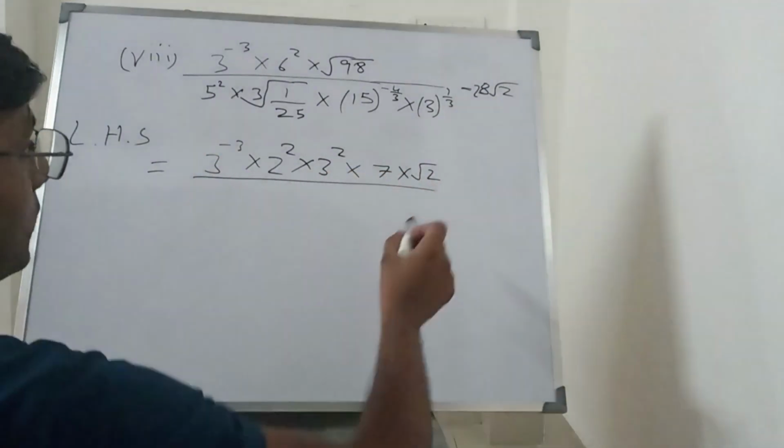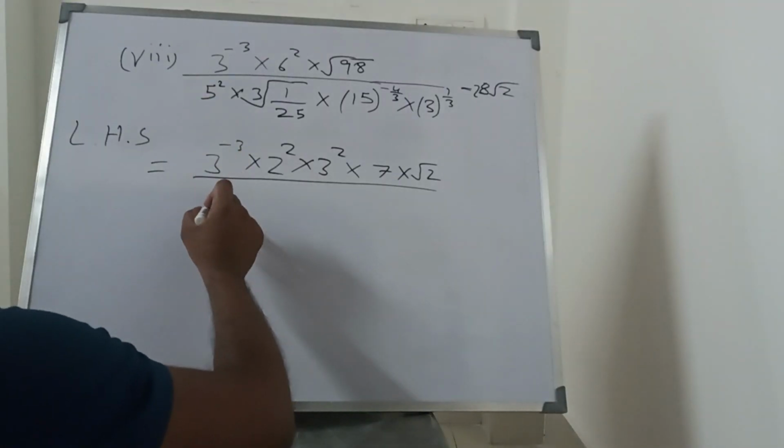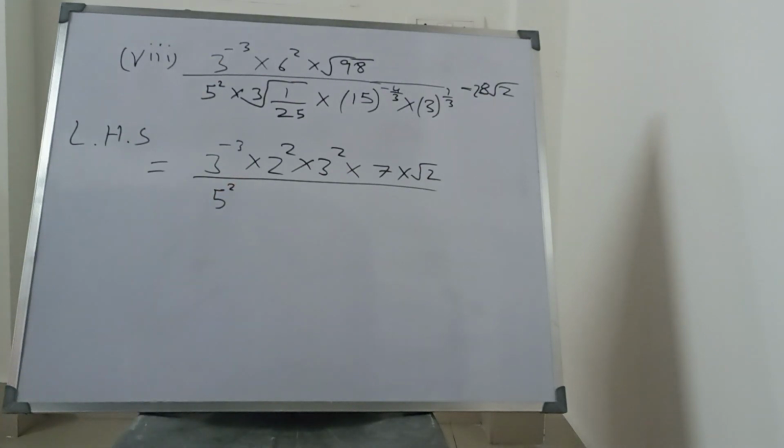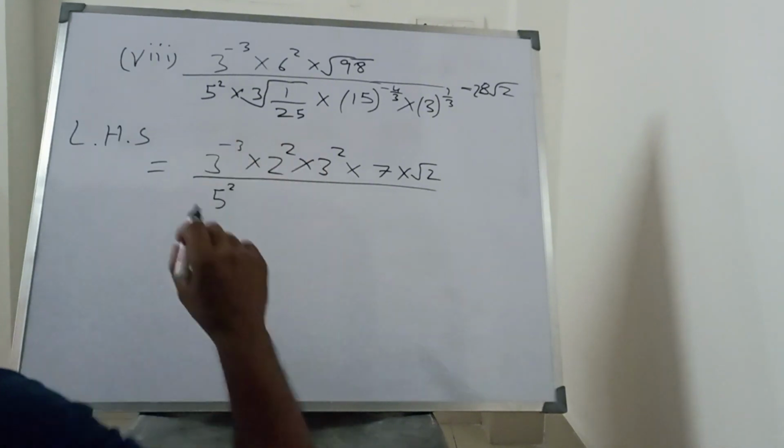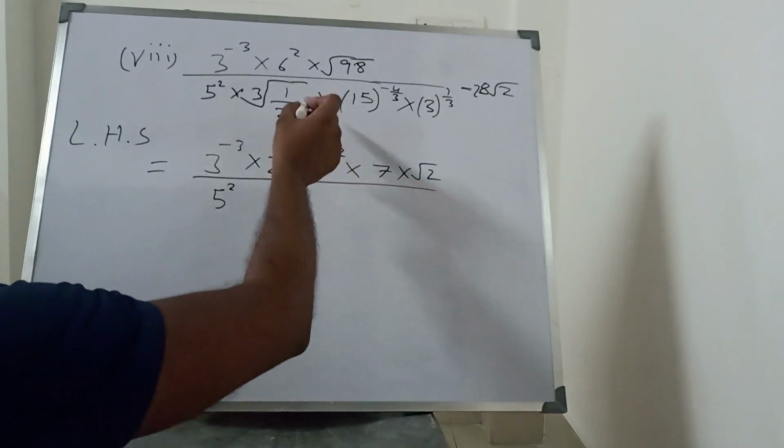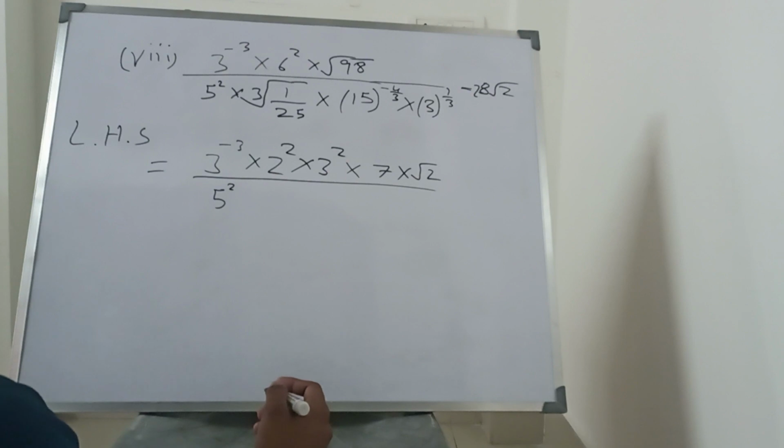So this 5 square and 1 by 25 raised to the power 1 by 3. So that is one thing that you have to do: you can write 25. 25 is nothing but 5 square.